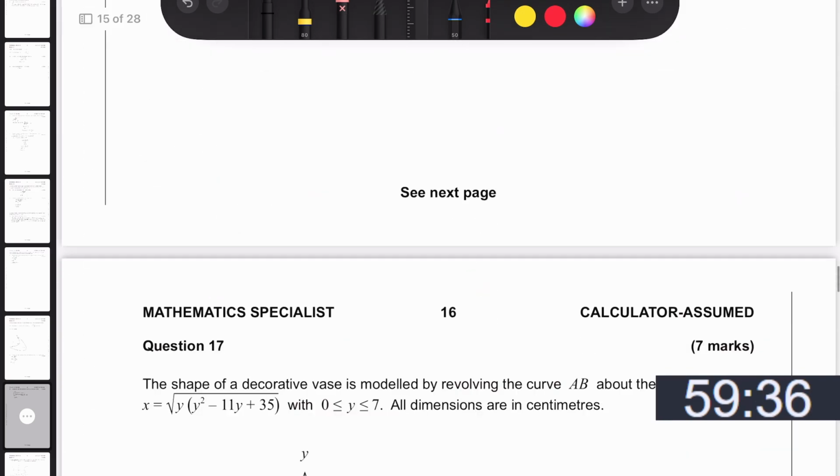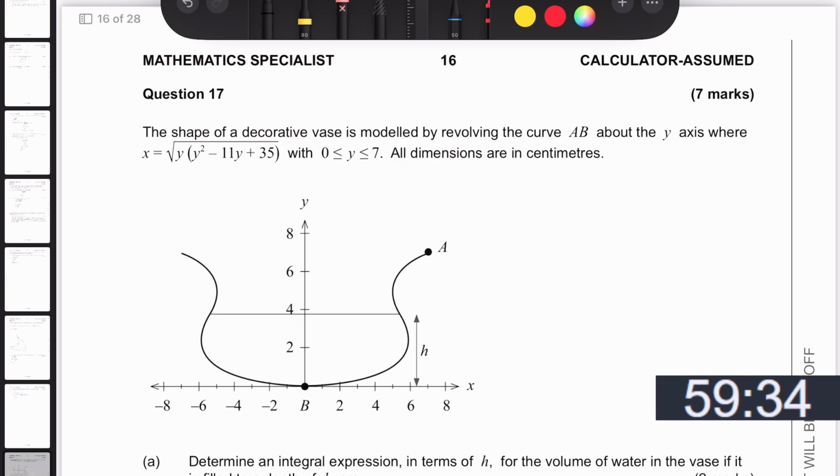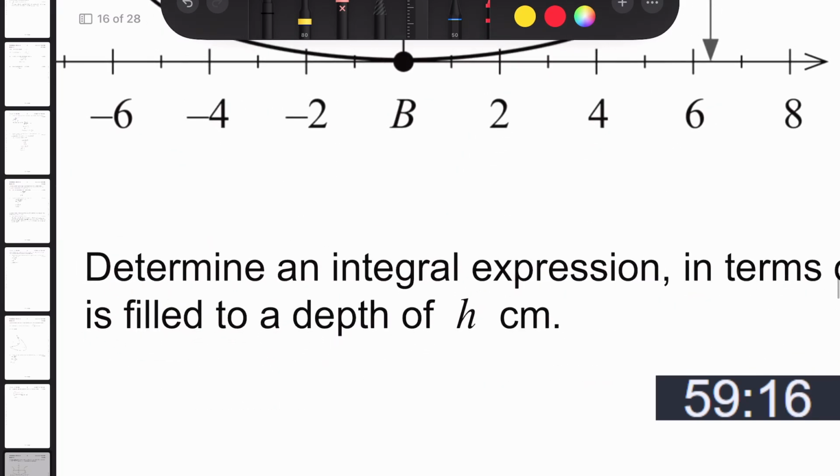Okay, sine squared. Yep. The shape of a decorative vase is modeled by revolving the curve A to B about the y-axis. 0 to 7. All dimensions are in centimeters. Determine an integral expression in terms of h for the volume of water of the vase if it's filled to a depth of h centimeters. Okay.